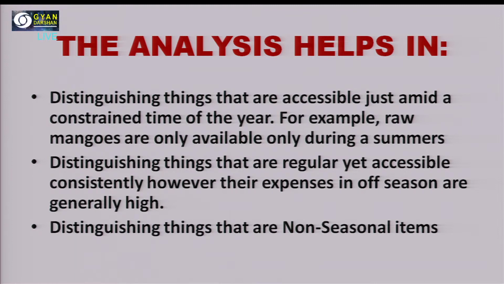Take the example of fruits: if the season is May, June and July, they are seasonal items. But if in the winter you are getting mango, it is off-seasonal. So this analysis helps in identifying the items under the category of seasonal or off-seasonal.